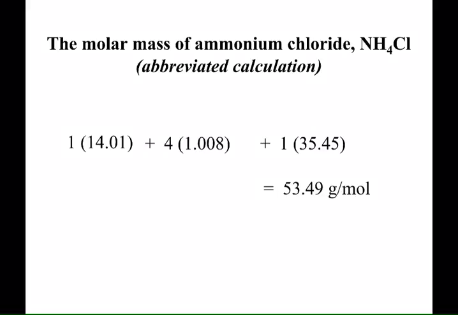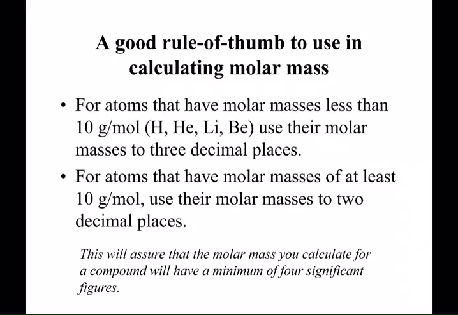So I've been telling you to just round to 2 decimals in the last 2 examples, the molar mass of ethane and then ammonium chloride. You're like, are you sure about that?